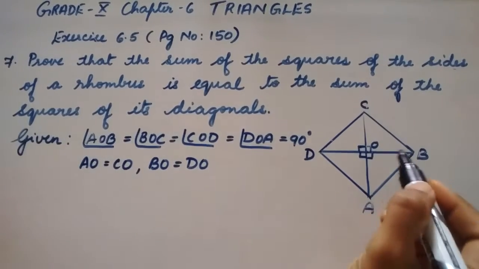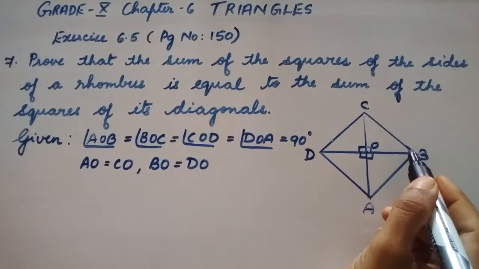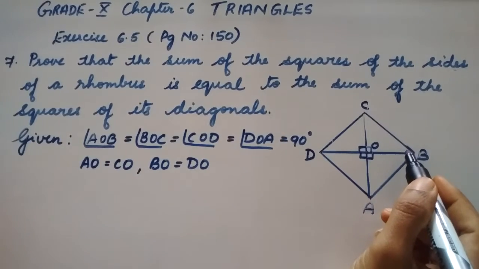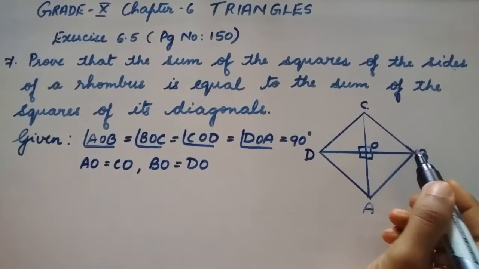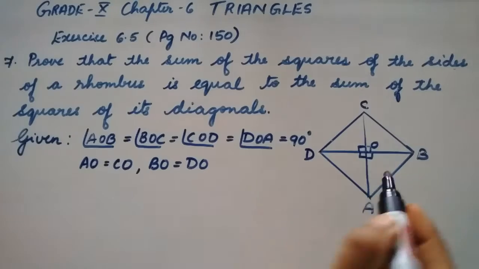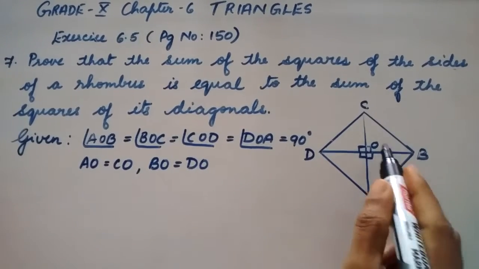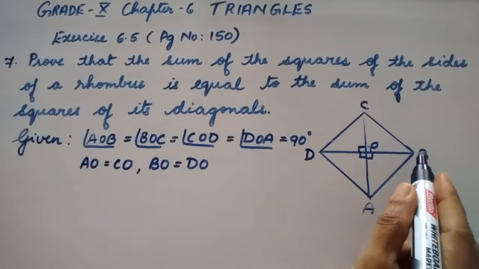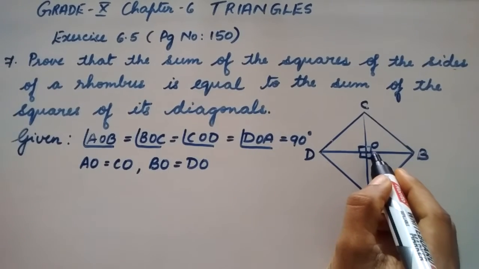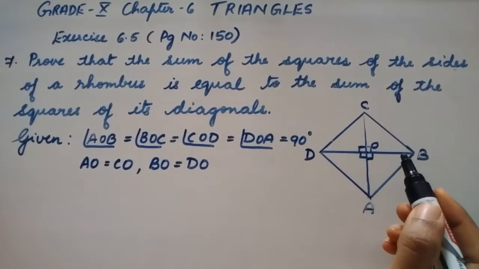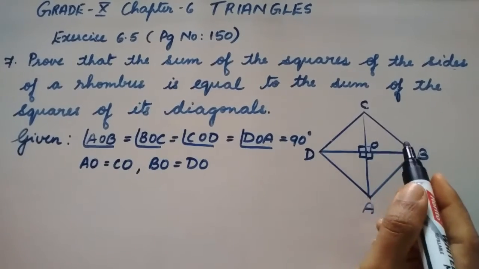So here the diagonals are bisected. Now here we find triangle AOB is a right triangle, right angled at O.